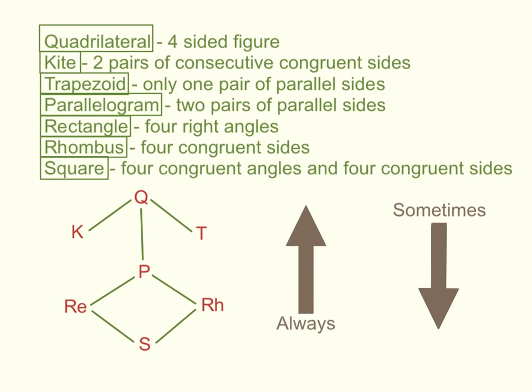And I could continue on, but let's do one more. Parallelograms are sometimes squares. The parallelograms that are squares are the parallelograms that have four congruent angles and four congruent sides. So we'll work more with this chart, and we'll work more in depth with all of the polygons that we've discussed in this video.